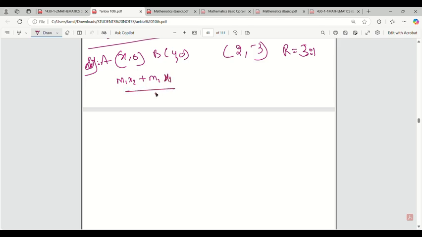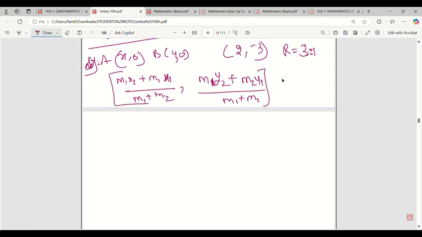The formula is m1 x2 plus m2 x1 whole divided by m1 plus m2, comma, m1 y2 plus m2 y1 whole divided by m1 plus m2. Whether it is m2 y1 plus m1 y2 or m1 y2 plus m2 y1 will be the same.